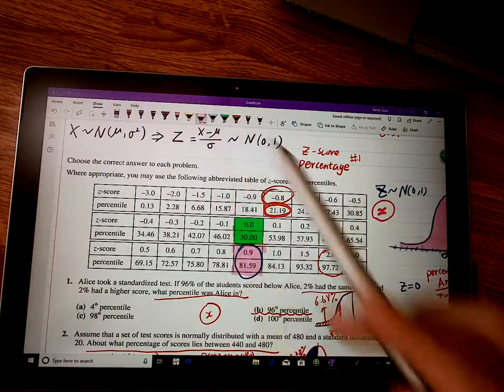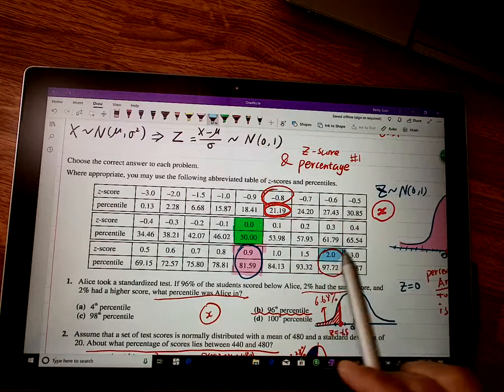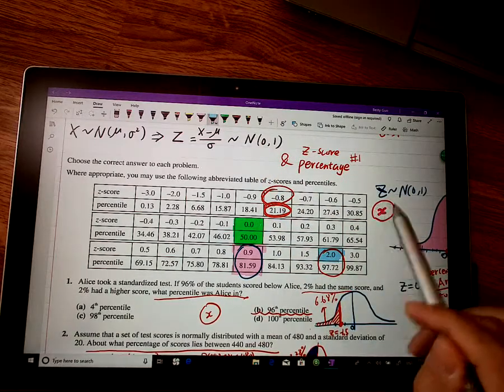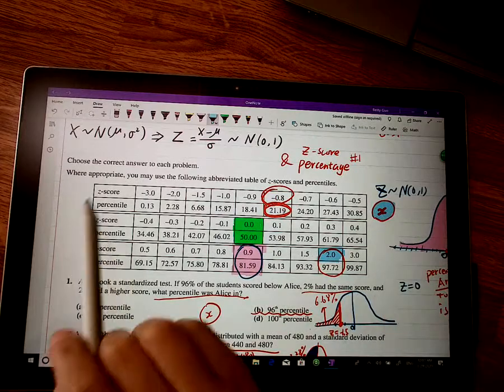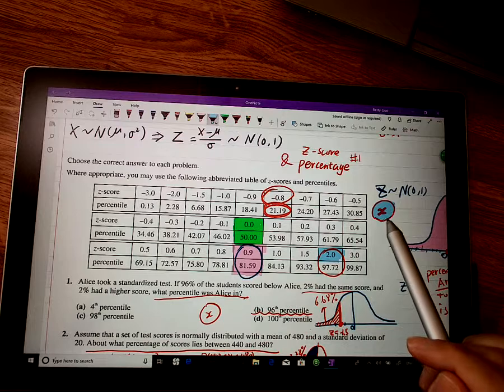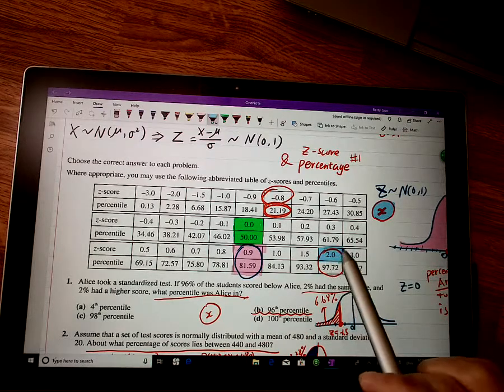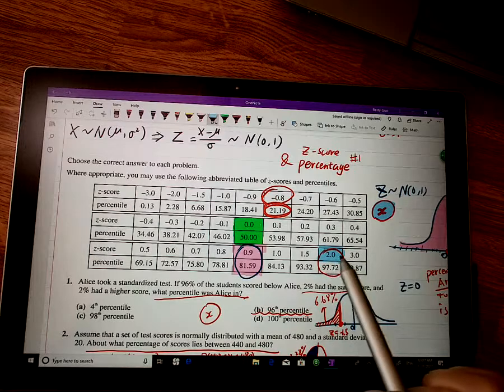Does that make sense? Yeah, one more. Now let's say this is your score x, and you compute your z-score. The z-score of your value happened to be 2, positive, so above average. And how much above? 2 standard deviations above.